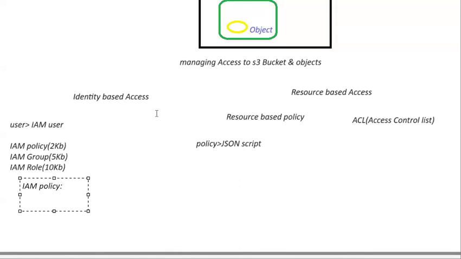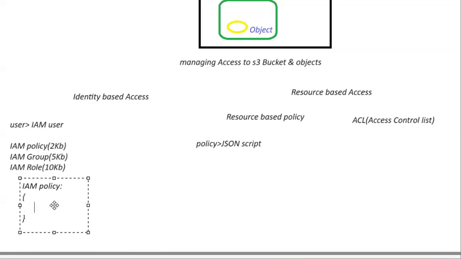Let's see how an identity based policy, that is an IAM policy, will be. First it will be present within curly braces. In this, first we have the version. Let me discuss the important points in it first, and after that we'll discuss all the other things.